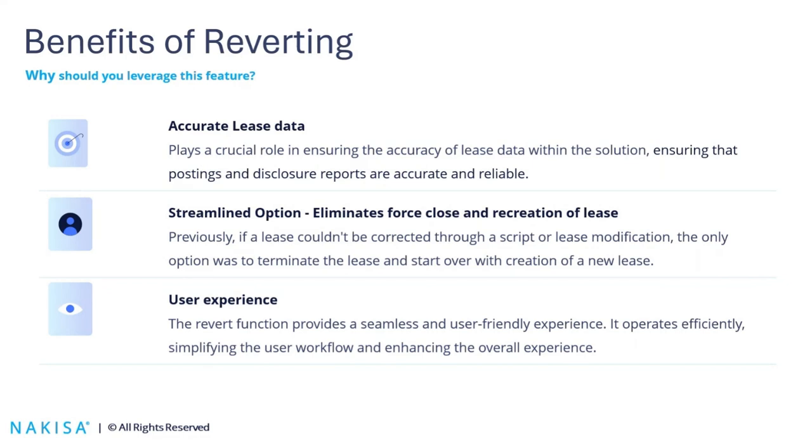So in the previous versions, if an error was found and it could not be corrected through a script or lease modification, the only option in the past was to terminate the lease and start over with the creation of a new lease. So you no longer have to do that, as well as it just helps the user experience because it's more seamless and user friendly, as it's very easy to revert and make the changes and no need to close a contract.